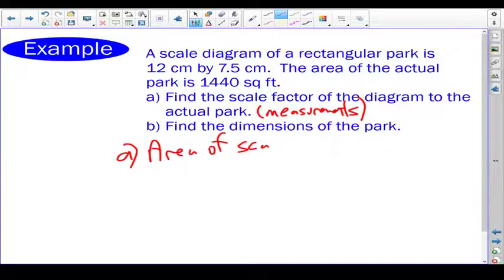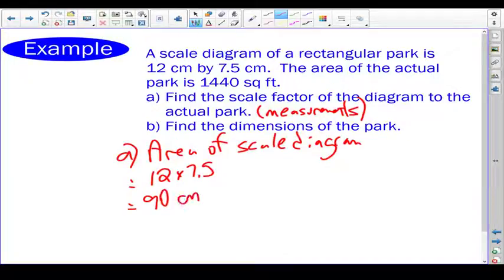So the area of the scale diagram is 12 times 7.5, which I think is 90. 90 centimeters squared.